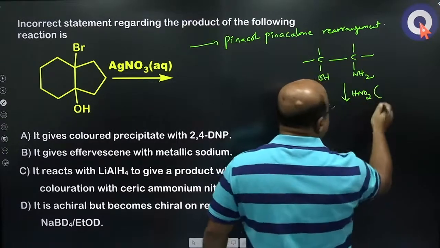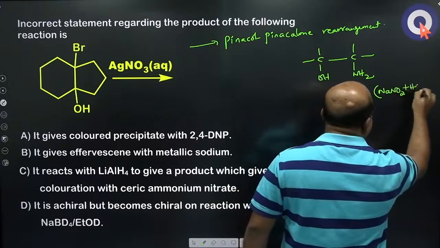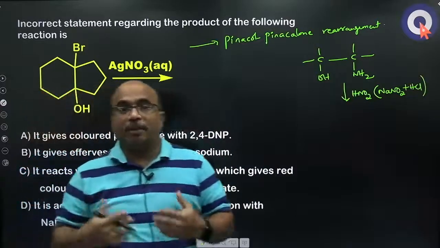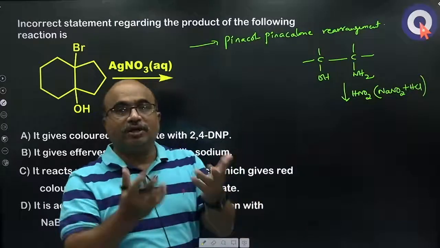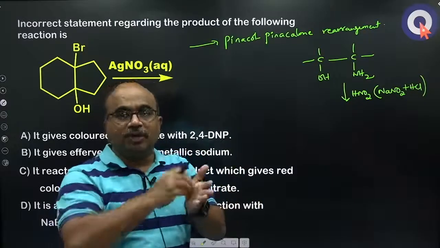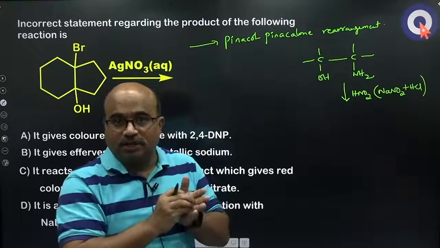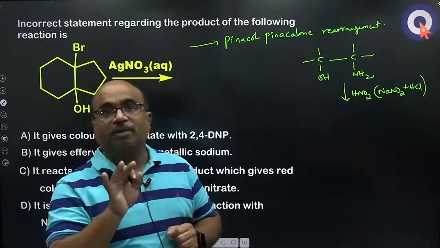HNO2 can generally be prepared from a NaNO2 plus HCl mixture. So the amine group is converted into a diazonium salt, then N2 is a good leaving group. So there must be a good leaving group at the adjacent position with respect to the OH group. Then it will be a pinacolone type rearrangement.